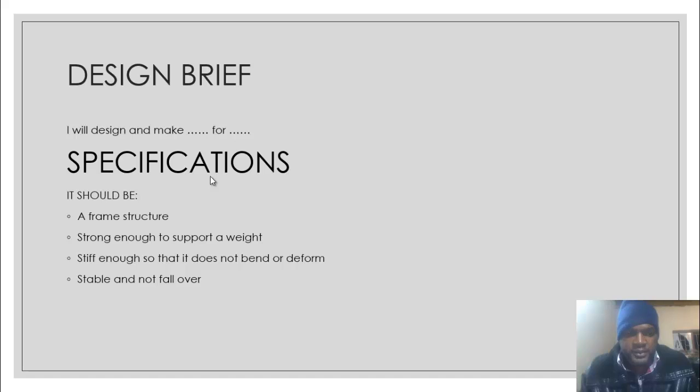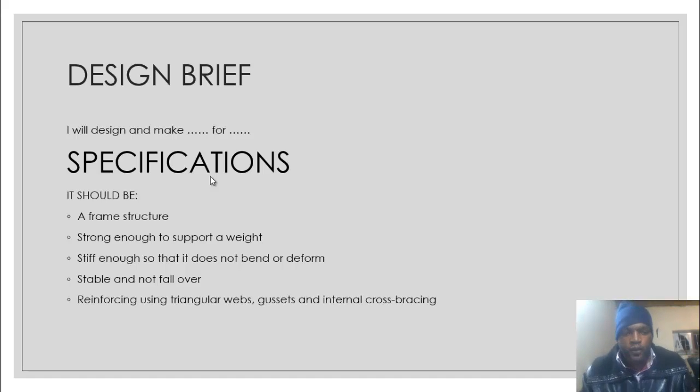And then it must be stable and not fall over. And then reinforcing, obviously you want to have some triangulation, your gussets, and internal cross bracing. This is the type of reinforcing you're going to use.